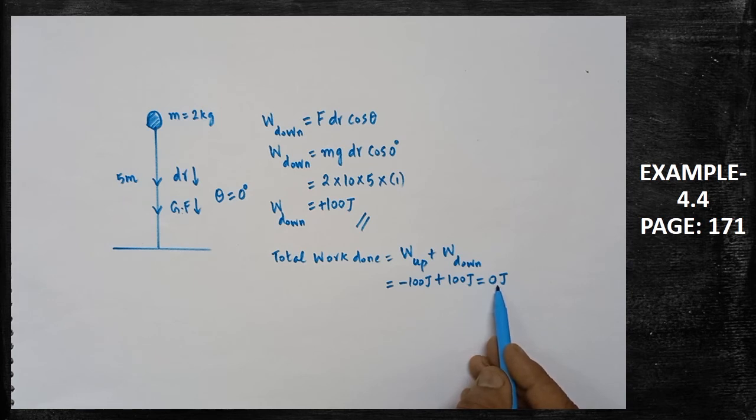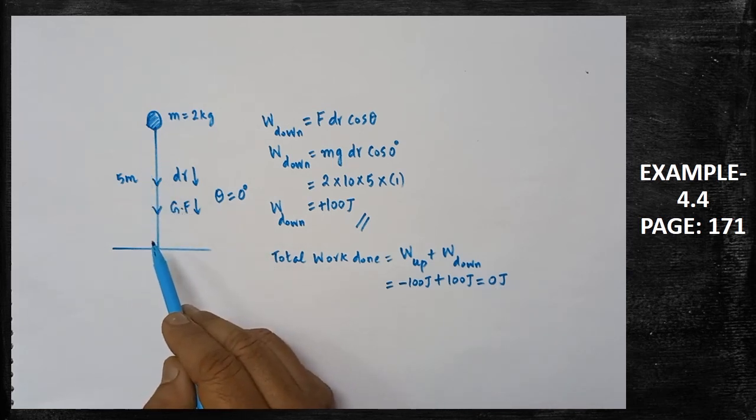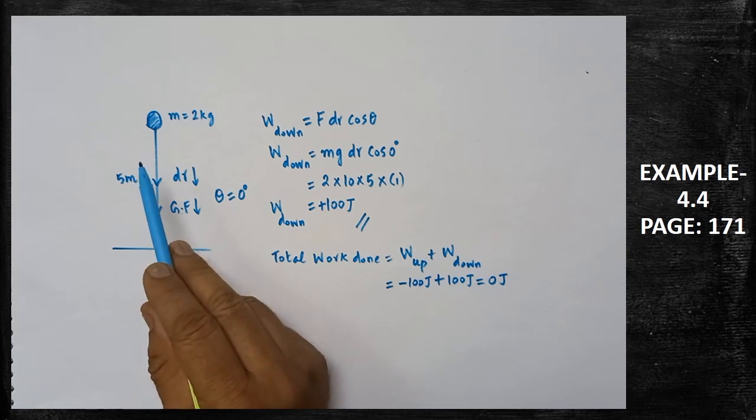Gravity does not transfer any energy to the object. When the object is thrown upwards, the energy is transferred to the object by an external agency. When you throw up, you are supplying the energy. With the help of that energy, it goes up.